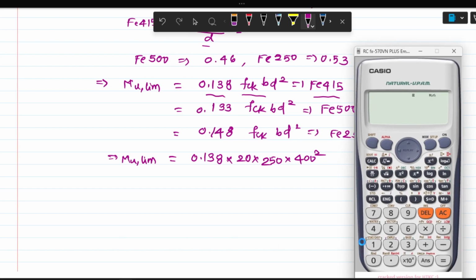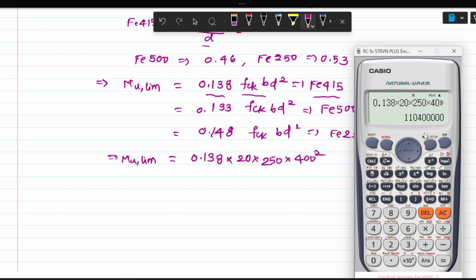Let us calculate this. 0.138 into 20 into 250 into 400 square is nothing but 110.4 kilonewton meter.